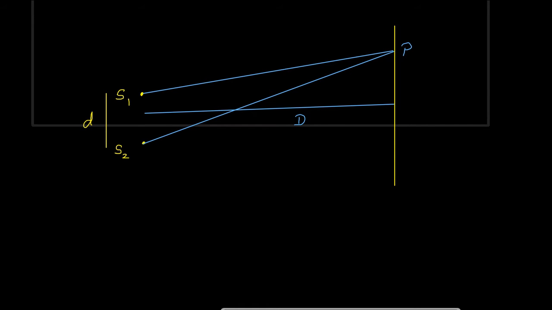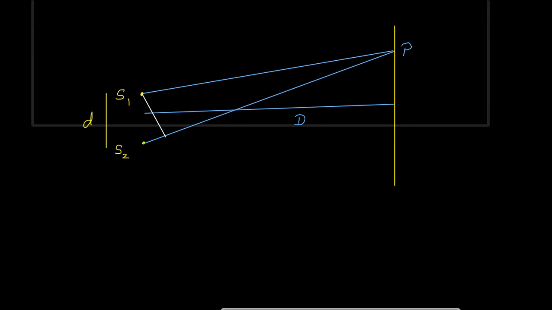Let us draw the normal to the paths from S1 and S2 to P. So the wave from S1 reaches P along the path S1P, and the wave from S2 reaches P along the path S2P.